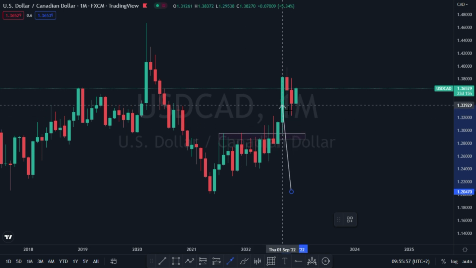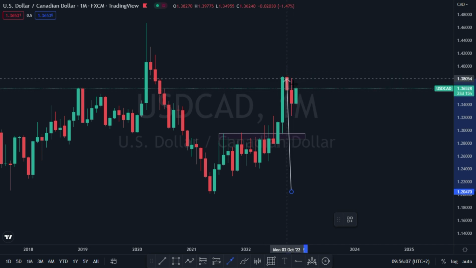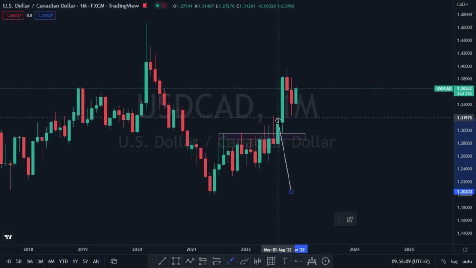It actually pushed all the way to the upside, but the market couldn't push any further to the upside because the market had to pull back to respect a new zone. There's another zone here which has been given birth by the market.